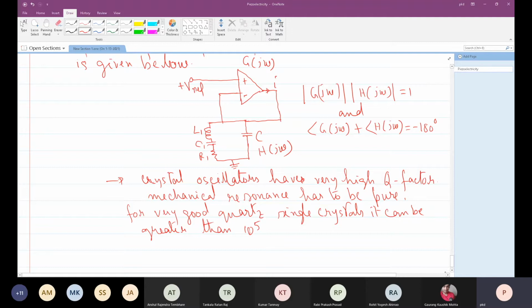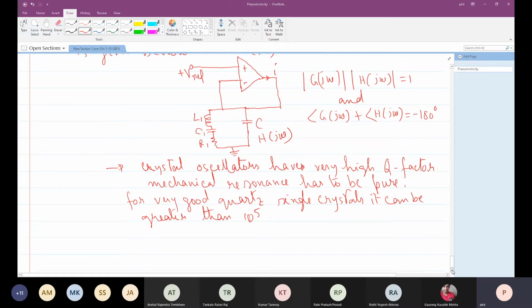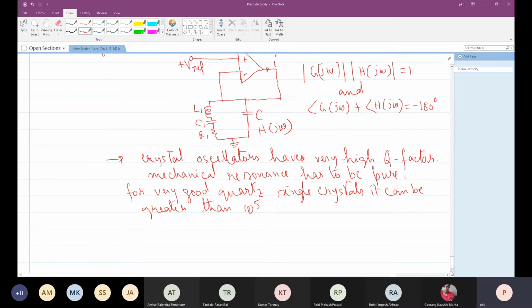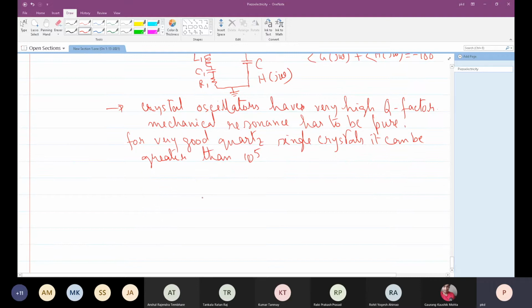It can be greater than 10 to the power 5 even. Whereas by electrical elements, if we make inductance as a coil, very good coil, and capacitance, resistance, metal resistors, capacitance also, if we make it some very good tantalum capacitors, then also it is limited to few thousands or so, maybe 10,000, 15,000, 20,000.